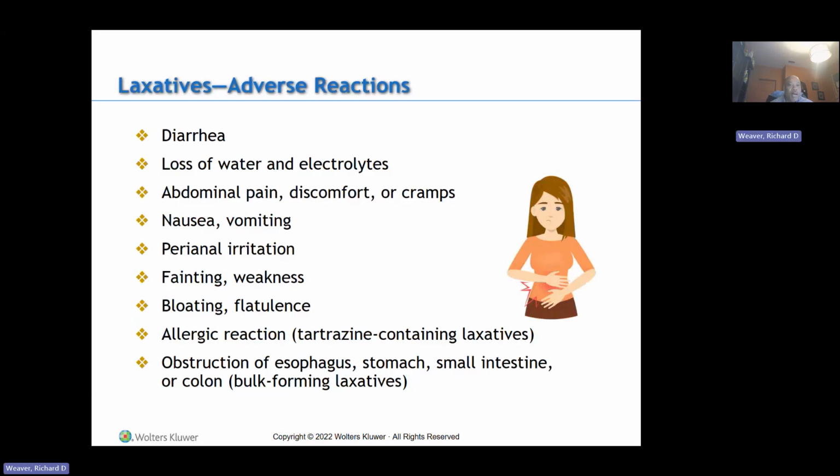All right. Now, in box 39.2, these are some of the drugs that can lead to constipation. Your anticholinergic drugs or cholinergic blocking drugs, which is the same thing.